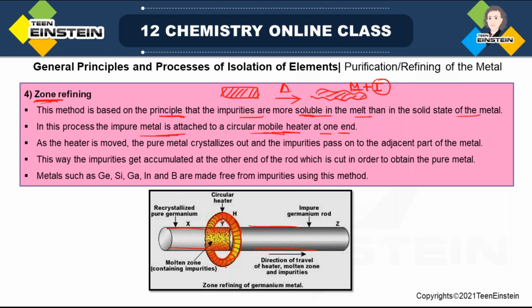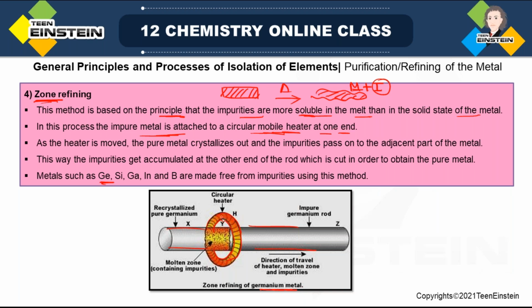We have taken this circular heater on the left hand side, we have started from the left hand side. And here we have taken germanium metal, that is Ge. We have taken impure germanium metal and we are trying to purify it.